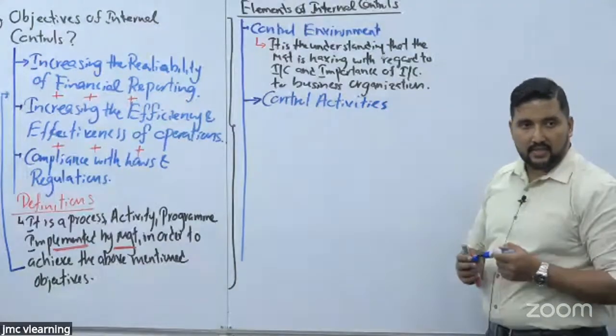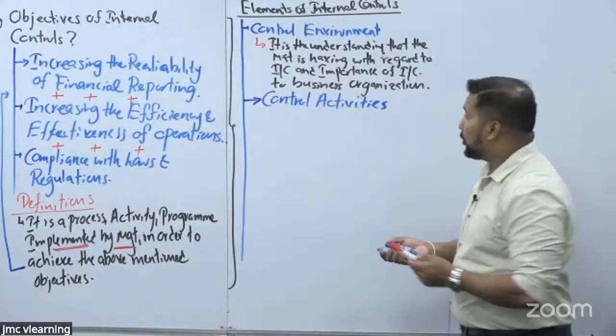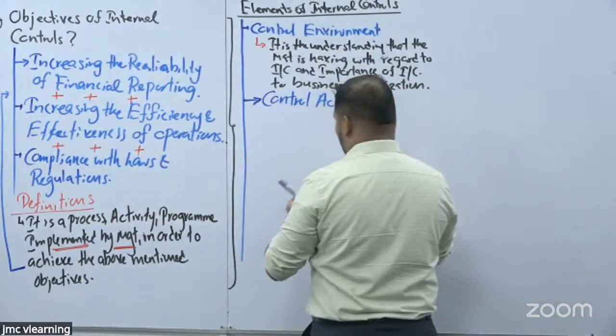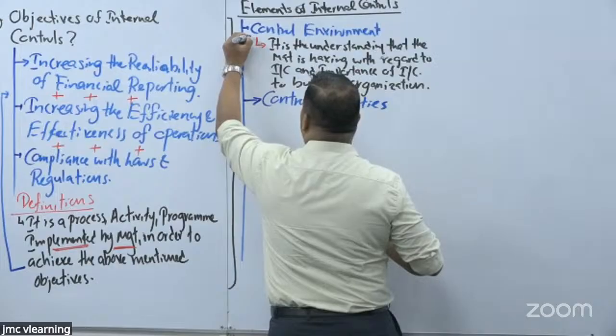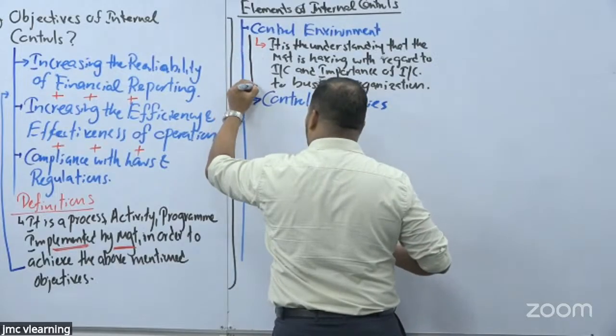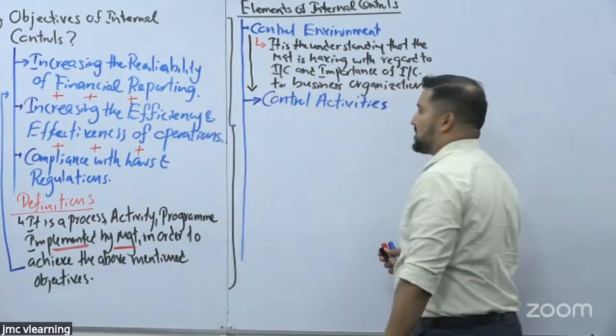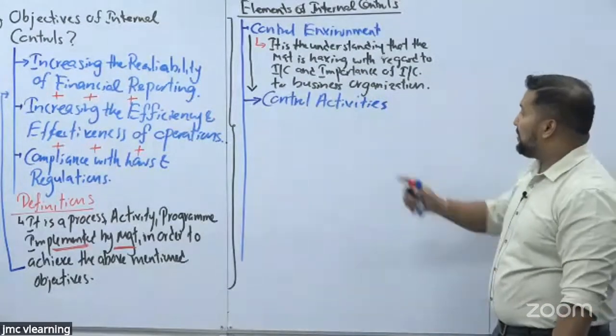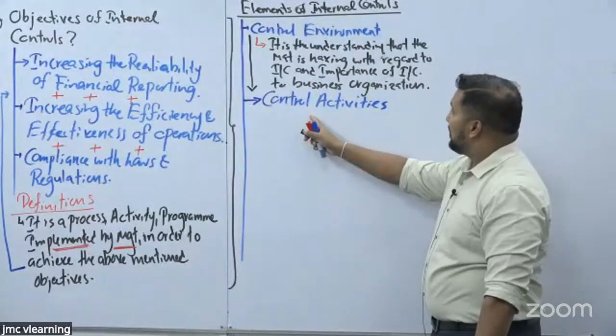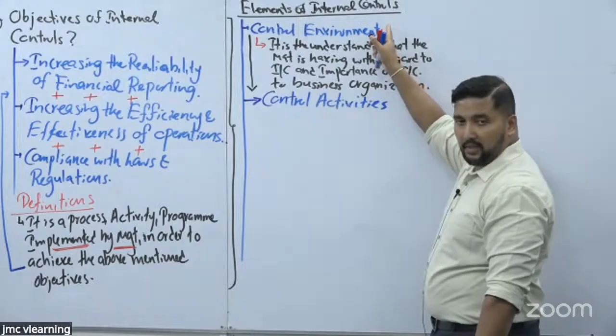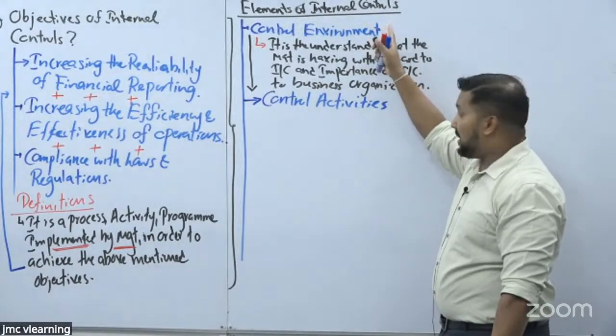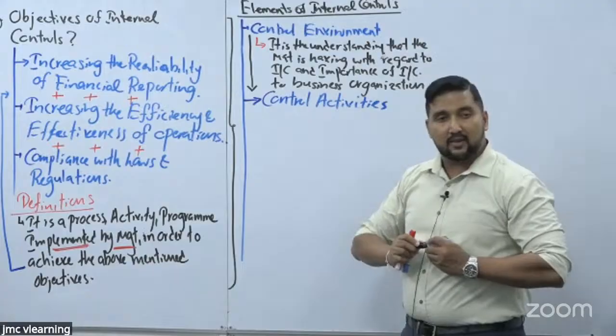Control activities. Clear? So for you to have better control activities, the most important element is to have better control environment. So I can put the arrow like this. For you to have better control activities, first thing that you need to have is what? Control environment. So in my example, so what are the control activities?